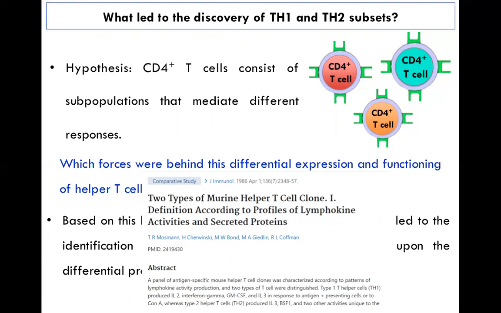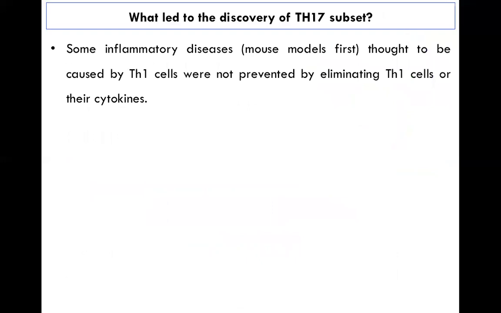That led to the discovery of these two subtypes, TH1 and TH2. They discovered the first subset, which was named TH1, and then they discovered the TH2 subset. So we understand how they discovered TH1 and TH2.